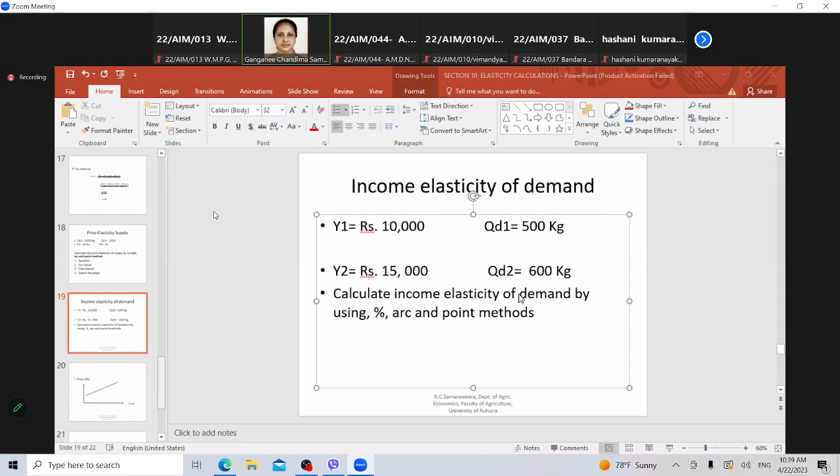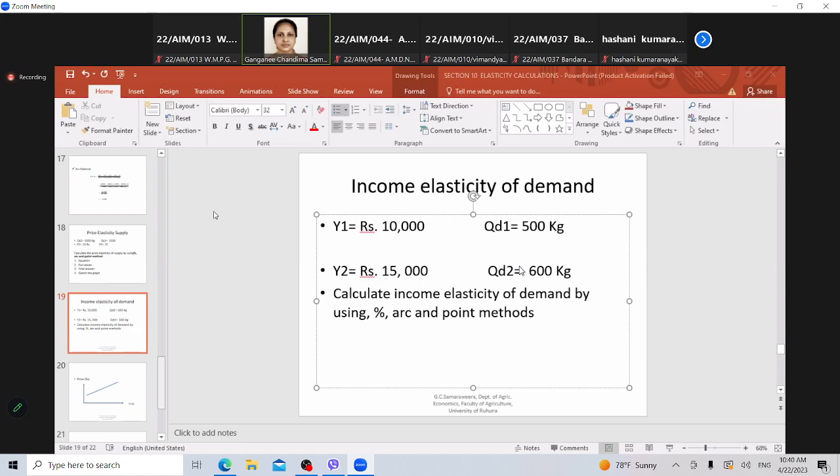But many got the same answer. Yes. Sasna also got the same answer, the majority's answer. See whether it's a negative value or a positive value. Accordingly, you can decide whether it's a complementary good or a substitute.